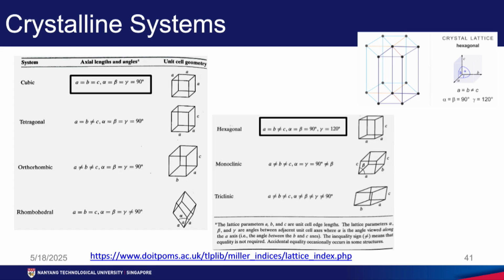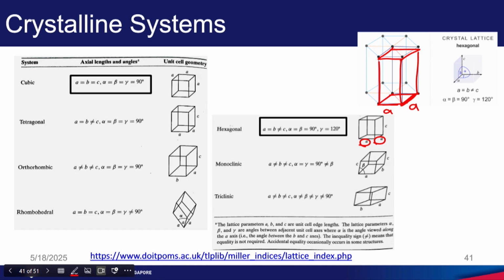When you come to hexagonal, this is how the hexagonal crystal will look, but we take one slice. Let me draw. We just take that one slice, and that slice will look like this. A is the same, that means this length and this length are the same.